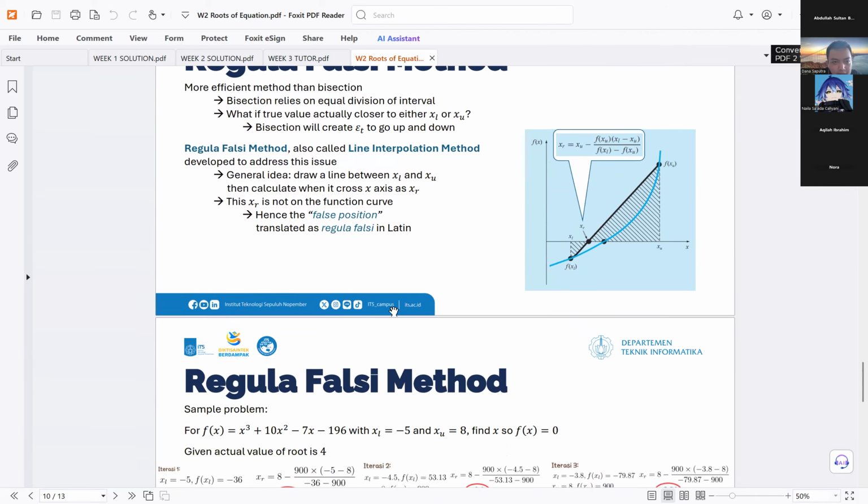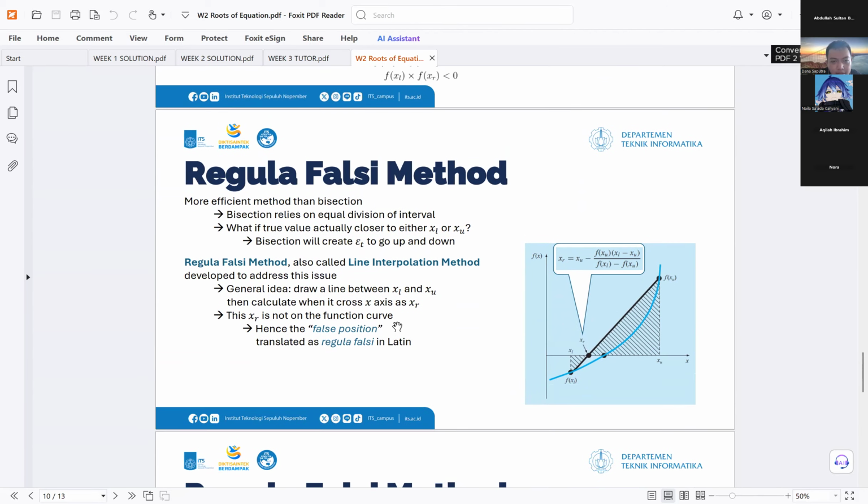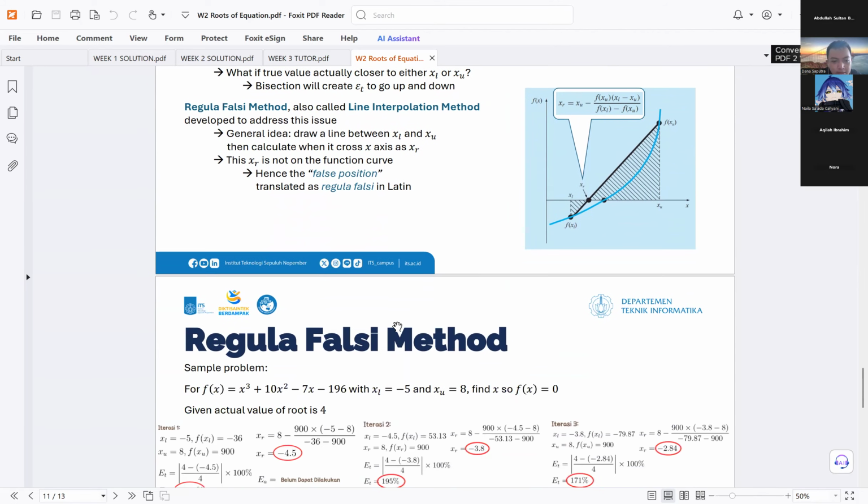It's just like, XR is not on the curve, hence false position translates as regula falsi in Latin. No, I think it's not like that.